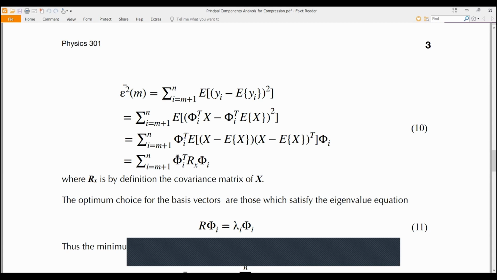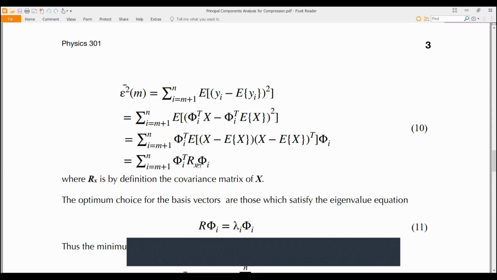Okay, so you have the phi outside, transpose, so phi_i, and then multiplied by R, which is clearly the covariance matrix of x, and then multiplied by phi, and sum over i from m plus 1 to n. And again, R is the covariance matrix of x.